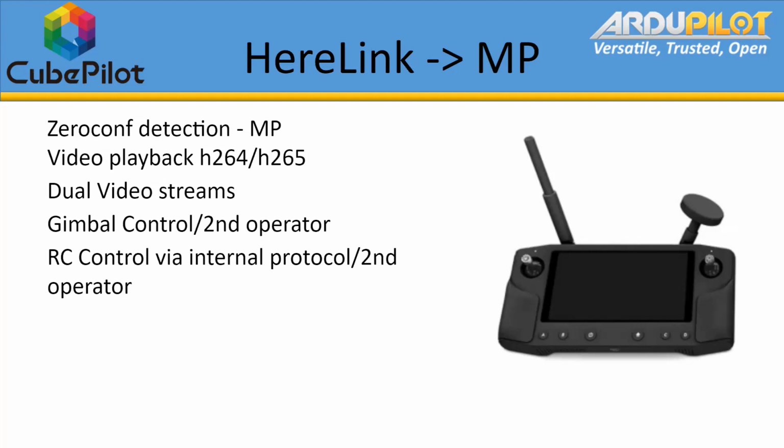So where this is also going is dual video streams. The last three options on this list are probably all partially related: dual video streams, gimbal control / second operator, and RC control via internal protocol and second operator.